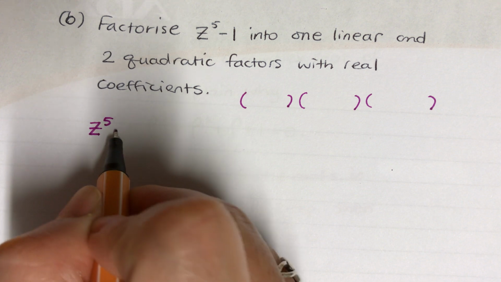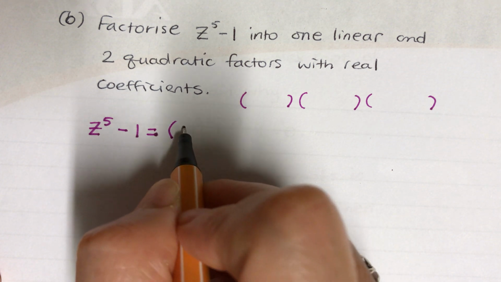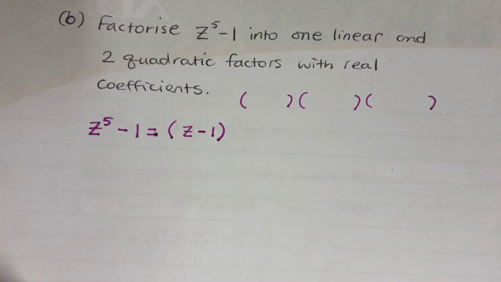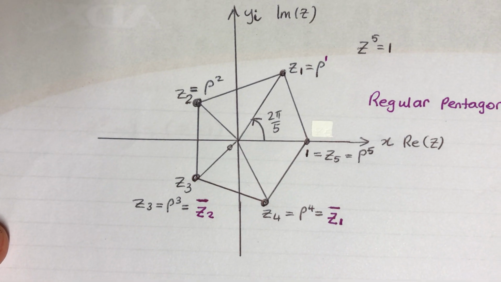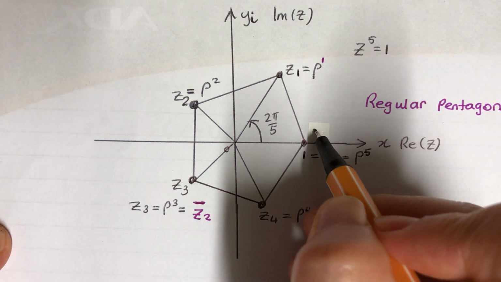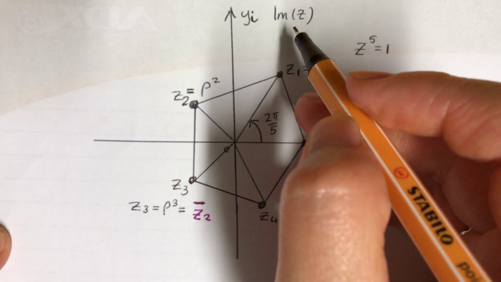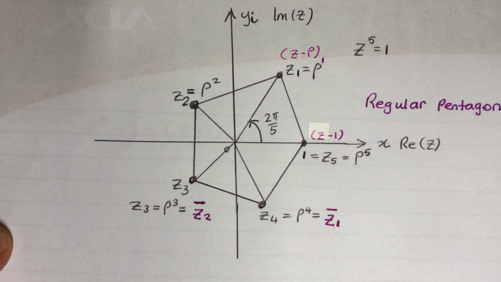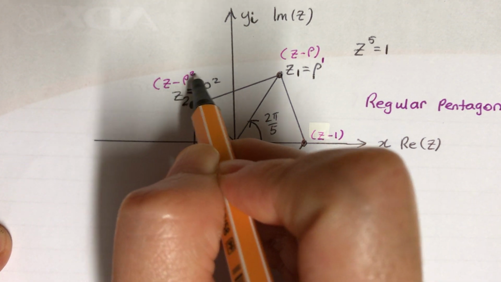I'm gonna put it in here. z to the power 5 minus 1 equals, I know I'm going to get z minus 1 from the diagram, the one that I just showed you before. So there is the z minus 1 here, and here I have z minus rho, and then next one I have z minus rho squared.